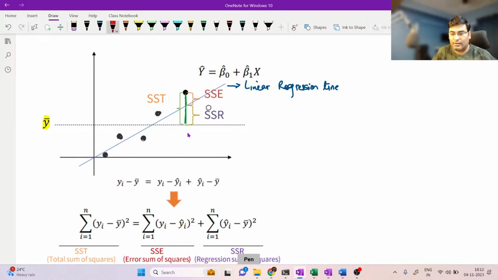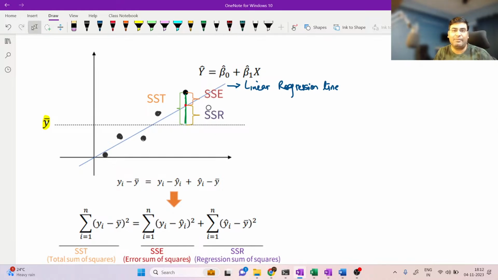Then you have sum of square error, which is the delta between the actual data point and the predicted value, and the total is the difference between the actual data point and the average value.